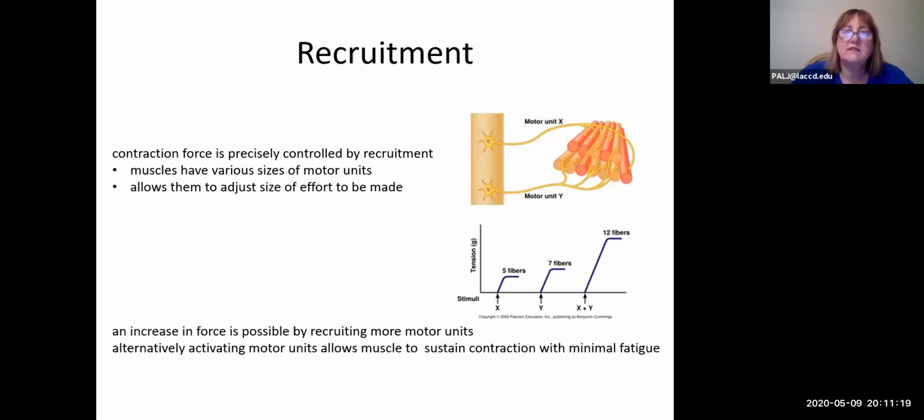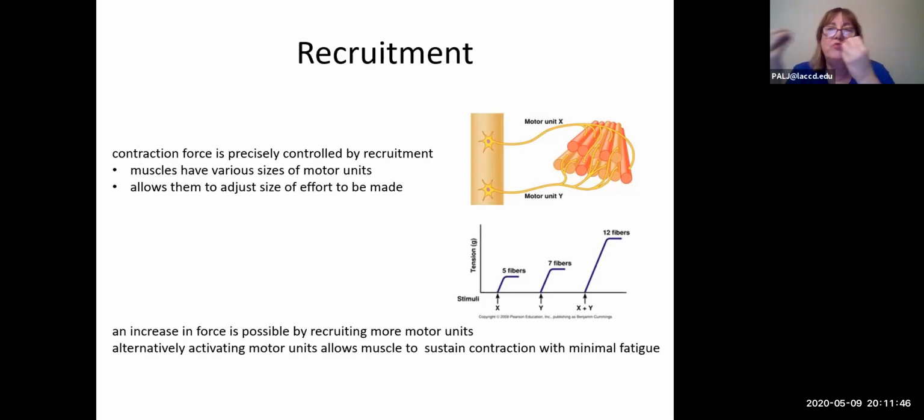The second concept has to do with recruitment. Muscles have different sizes of motor units, and that allows them to adjust. For instance, an increase in force can happen if we increase from just 1 motor unit being stimulated to having 2 motor units stimulated, so an increase in the number of motor units.